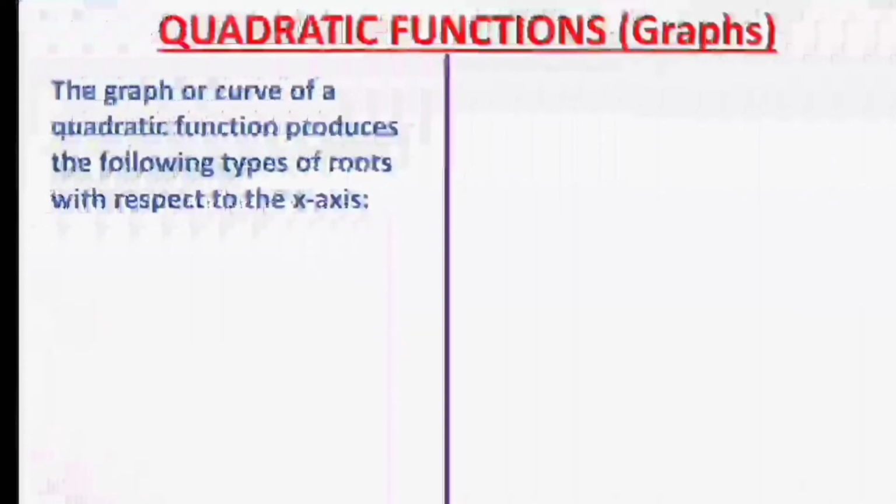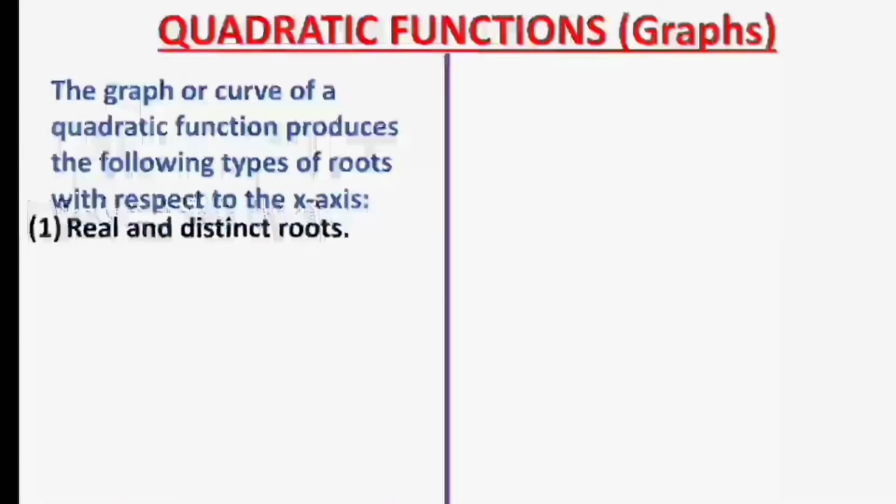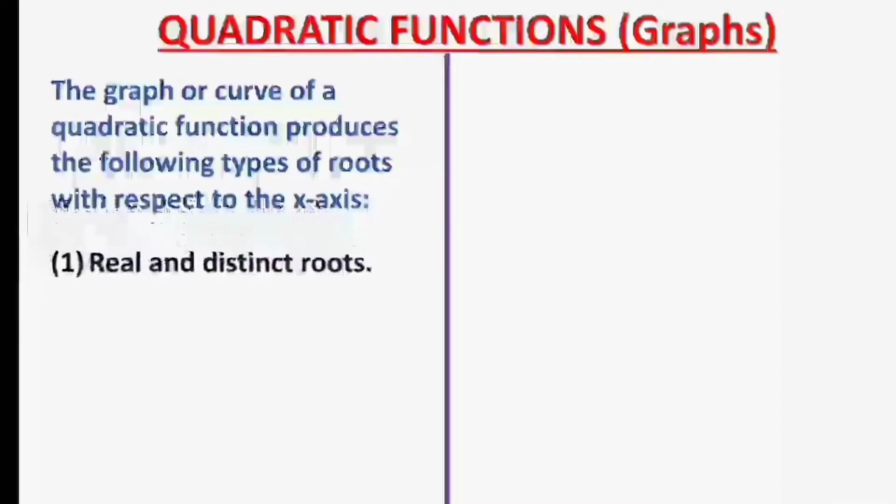Moving on, let's learn about the 3 types of roots that a quadratic function can produce. The graph or curve of a quadratic function produces the following types of roots with respect to the x-axis. Number 1 type of roots are the real and distinct roots.